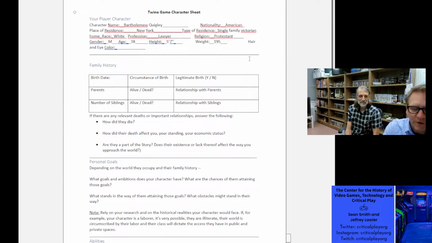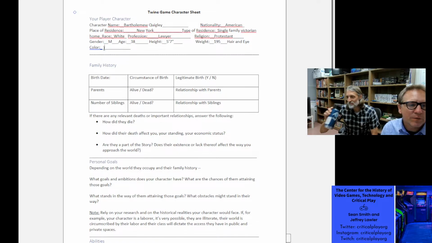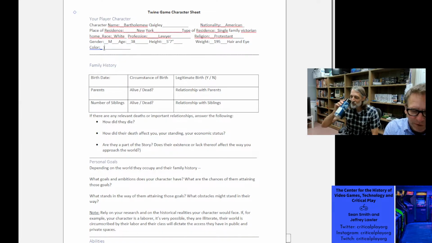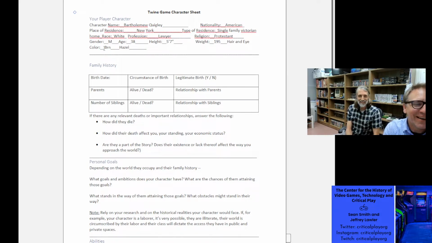We just finish our hair and eye color. Right. So we'll make him brown hair with hazel eyes. Wow. All right. I like the concept because it's forcing the visualization.